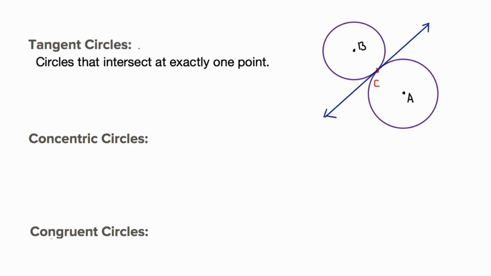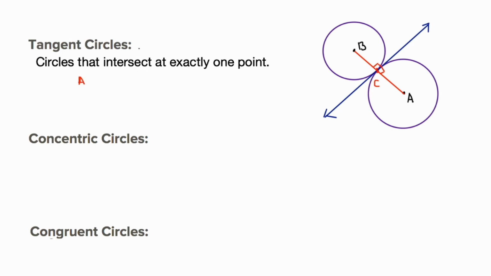So therefore, when I draw the radius here from B to C, this is going to be a right angle. And when I draw the radius from A to C, this is also a right angle. What it really tells us is that points A, B, and C are all going to be collinear.